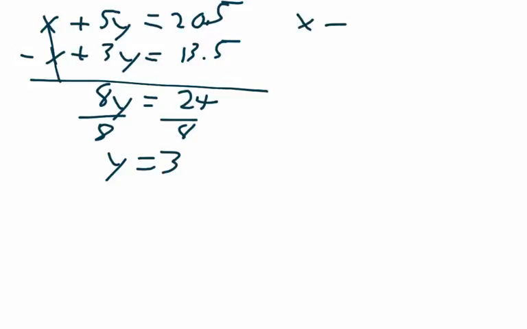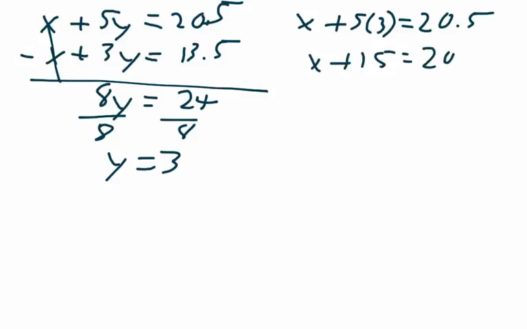So x plus 5 times 3 equals 20.5. X plus 15 equals 20.5. Subtract the 15, and x equals 5.5.